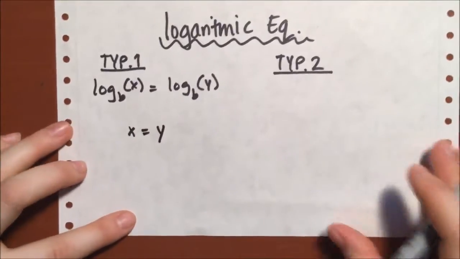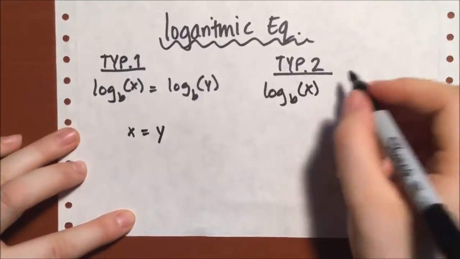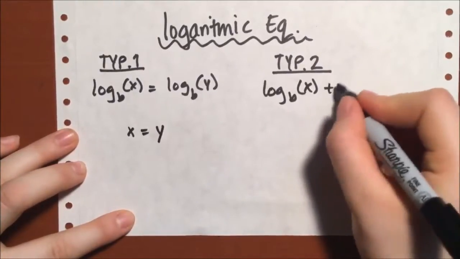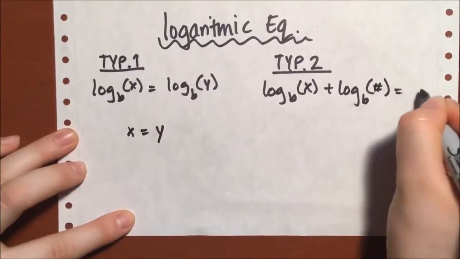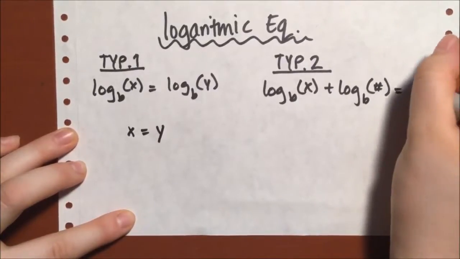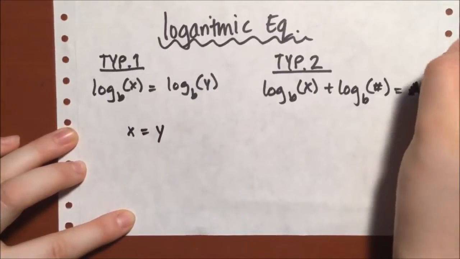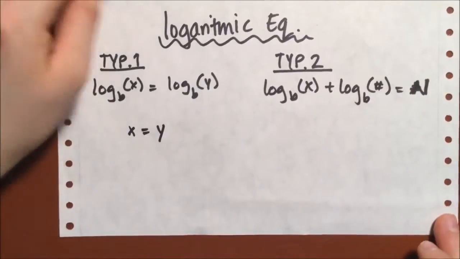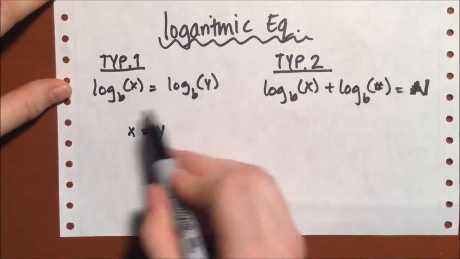For type 2, what you'll see is that you'll have logs and there'll be a number hanging out over here. Sorry, let's just call this n. There'll be a number hanging out over here. So we can't do this equating thing here because this doesn't account for a number hanging out.